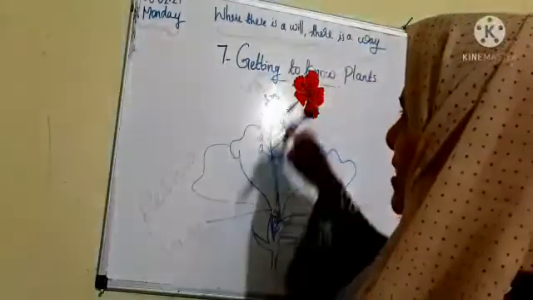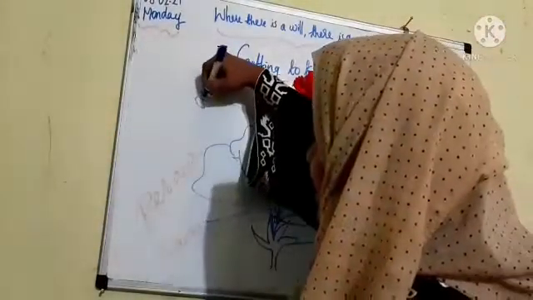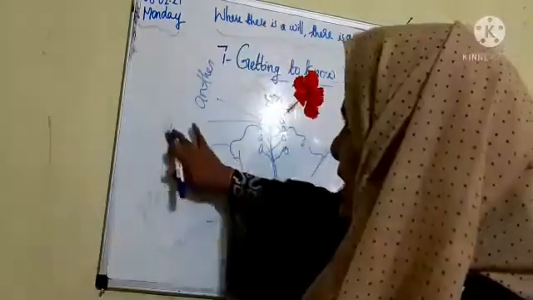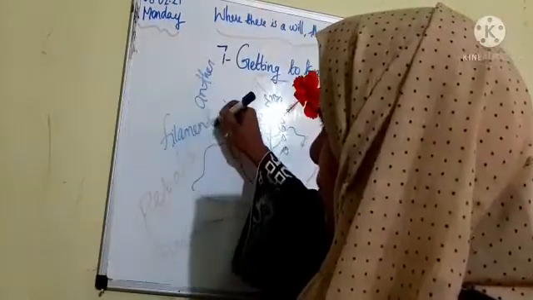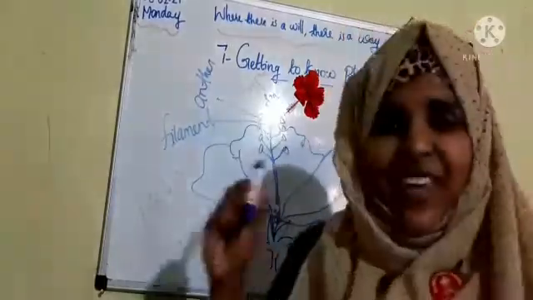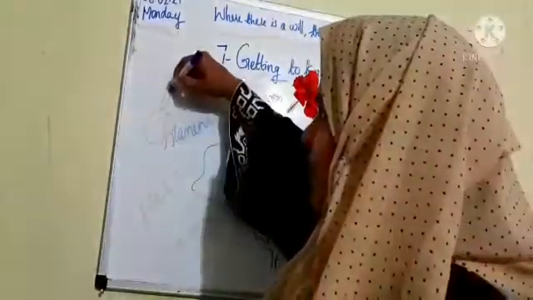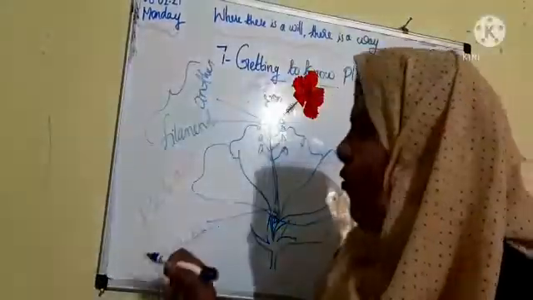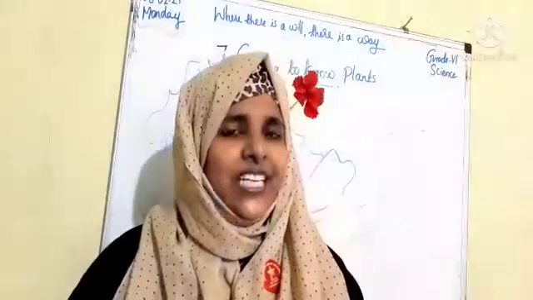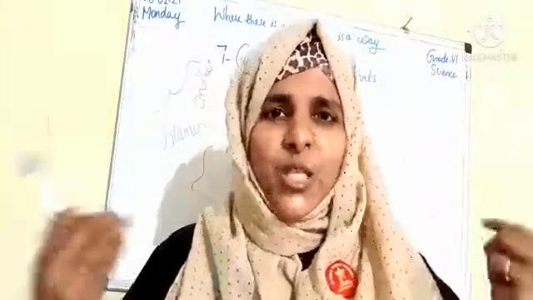So from this we understand anther and filament together we call stamen. Then stigma, style and ovary together we call the female reproductive part of the plant, that is pistil.